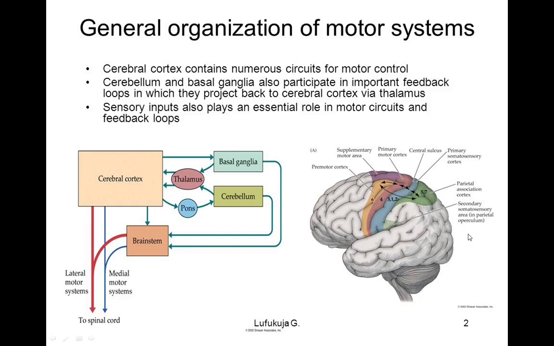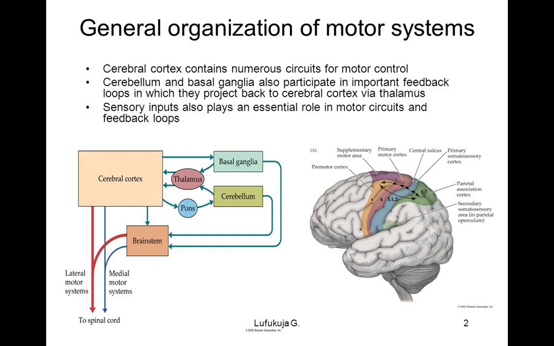Basal ganglia is going to influence not only the pyramidal tract output, but also the extrapyramidal tract output, and mostly the extrapyramidal tracts are concerned with postures, except for the reticulospinal tract.